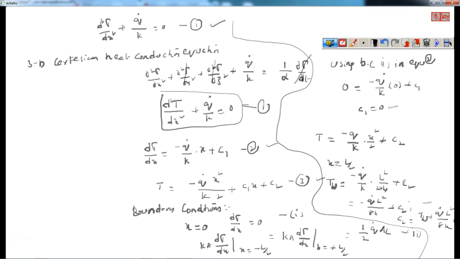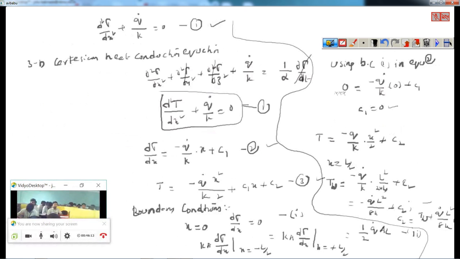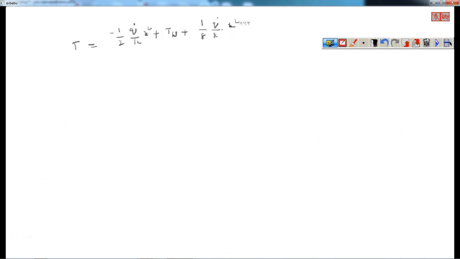Here T is equal to minus 1 by 2 Q dot by K x square plus C1 x, which is 0, and C2 is equal to TW plus 1 by 8 Q dot by K into, that is, what is that value here, let me check. This is equal to L square, okay.